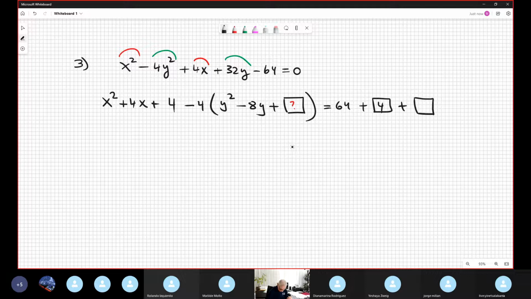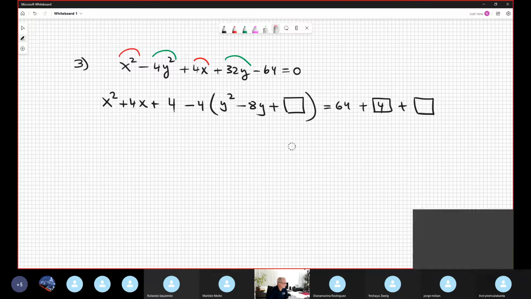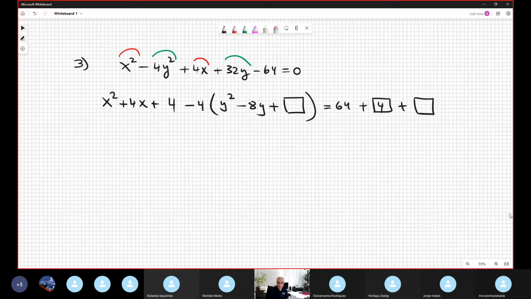What is the number inside the second question mark? Please help me. What is the number in the second? 16, very well.